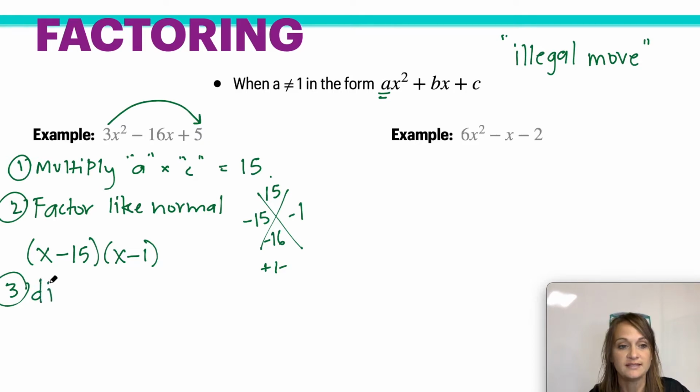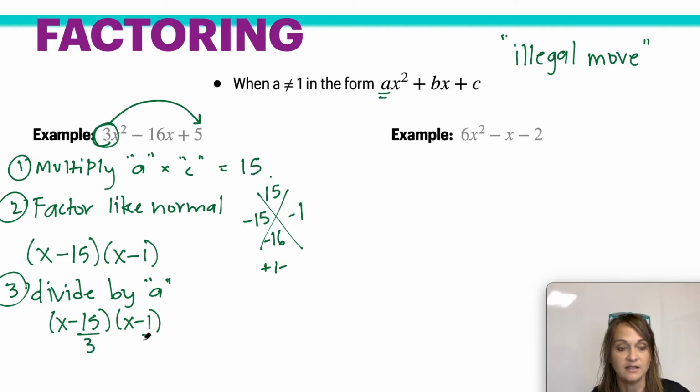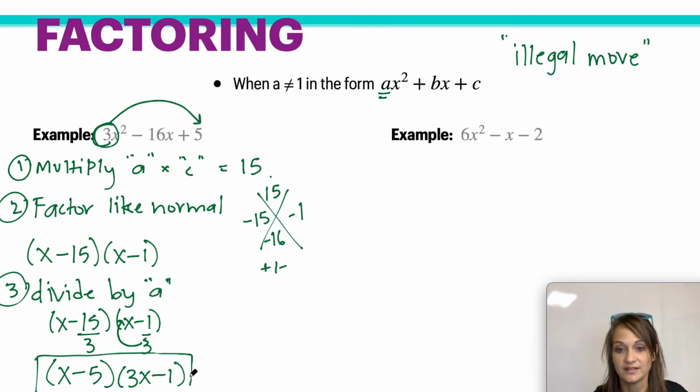So the last step is to undo that. So you're going to divide by A. And so you'll get x minus 15 times x minus 1, but A is 3, so we now divide those numbers by 3. This reduces to 5. This does not reduce, and so the 3 gets thrown in front of the x for your answer.